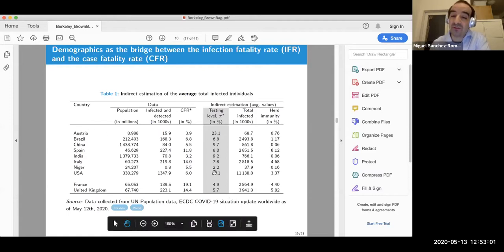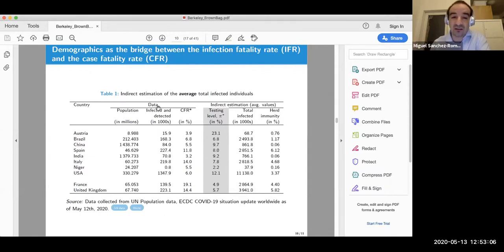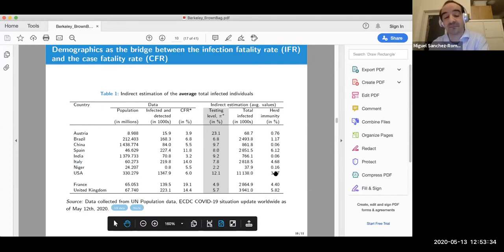Now, based on the testing level and taking the infection fatality rate, we can divide this value by this one, in percent, and obtain the total infected individuals. In the US, we estimate there are right now around 11 million infected people. And this will give a herd immunity above 3%.